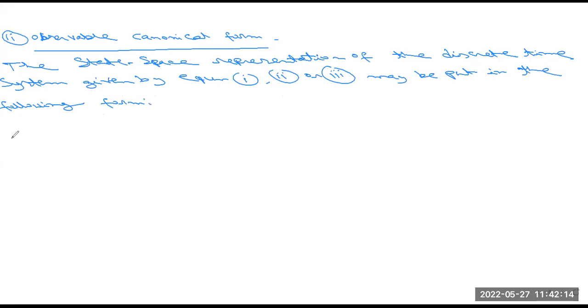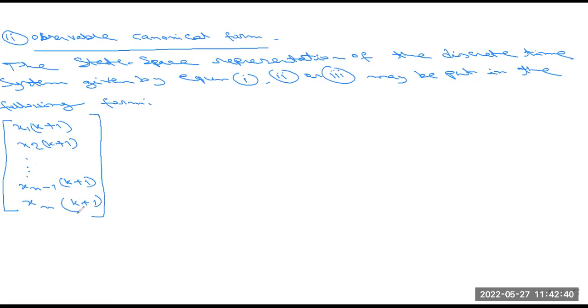So we have to write the matrix form. That is, you know, first x1(k plus 1), x2(k plus 1), then the previous n minus 1, that is k plus 1, and the last one xn(k plus 1). Okay, this is equal to 0 0 dot dot 0 0, minus an.